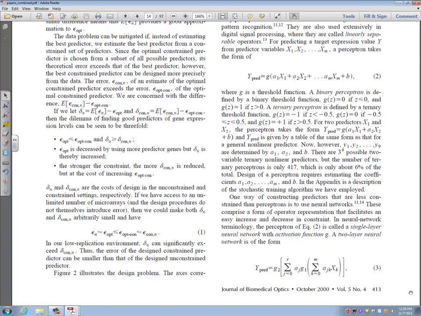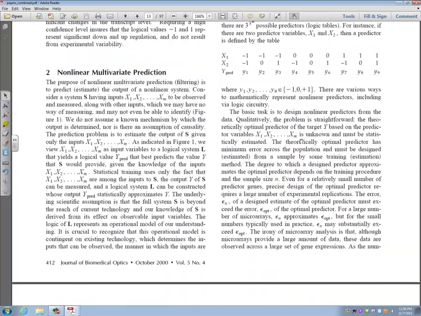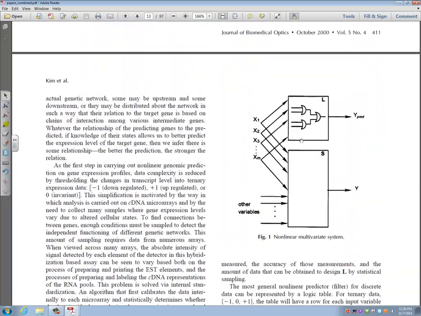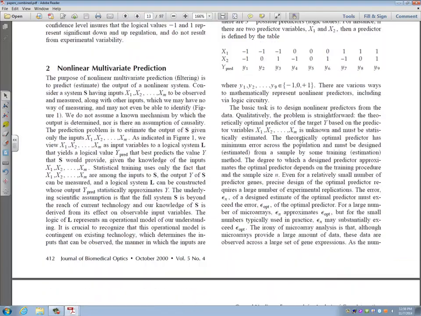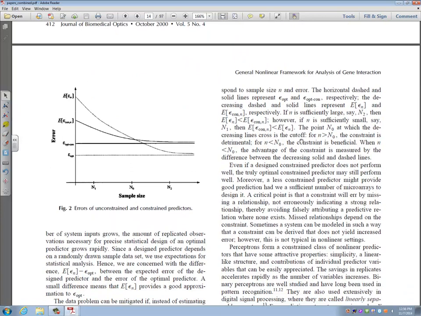We're not going to say it's a structureless predictor, because we don't have enough data to infer it. So what is the structure that you're going to choose? Figure 2, I think, is the next one. That's the design problem that we discussed.